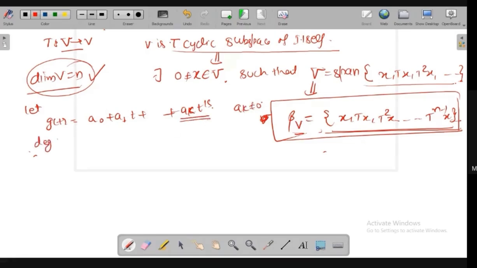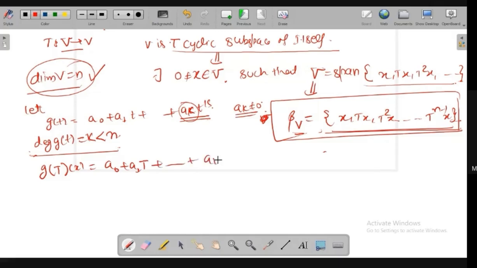So the degree of g(t) is k, and I am further assuming that k is strictly less than n. g(T) of x will be a0 I plus a1 capital T plus up to ak capital T to the power k applied to x, where I is the identity operator. So this is a0 x plus a1 T of x plus up to ak T to the power k of x.